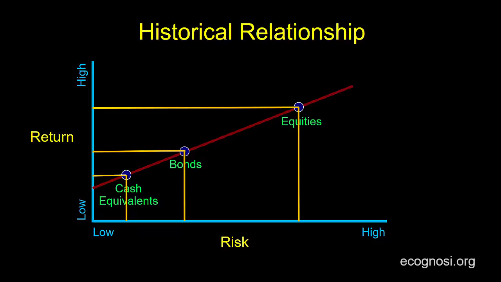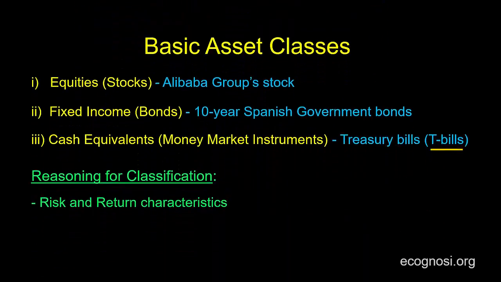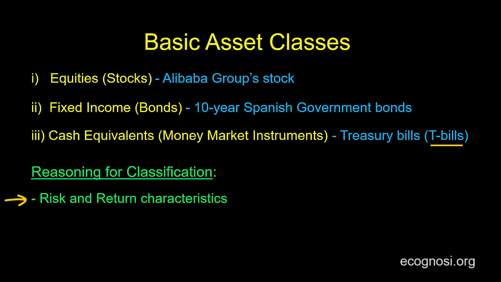Let's now go back to the reasoning behind the classification to different asset classes. As we saw over here, risk and return characteristics is not the only factor defining an asset class. Financial characteristics or features is another one. Securities falling in the same asset class tend to share similar financial characteristics. For example, bonds tend to make periodic interest payments, what you might know as coupon payments.